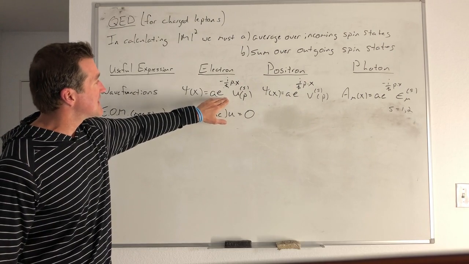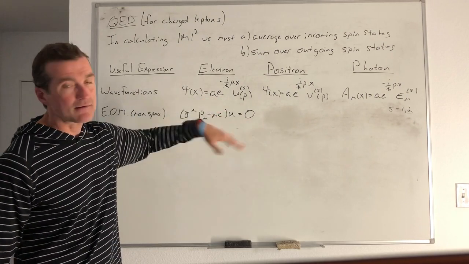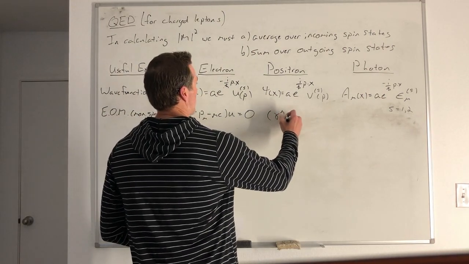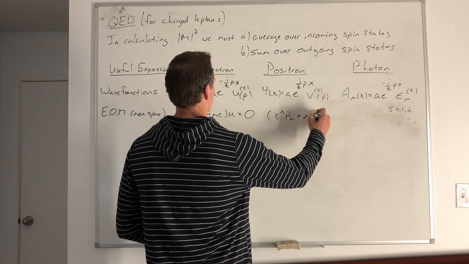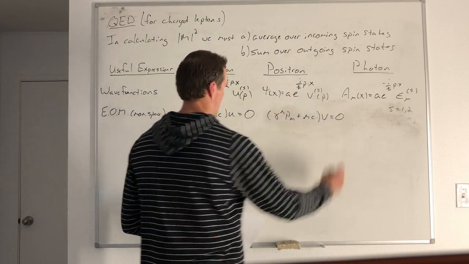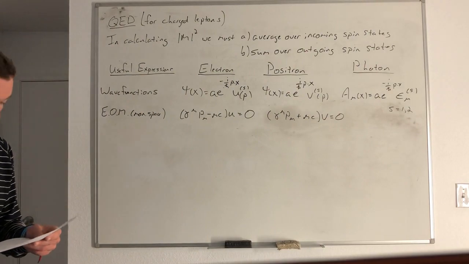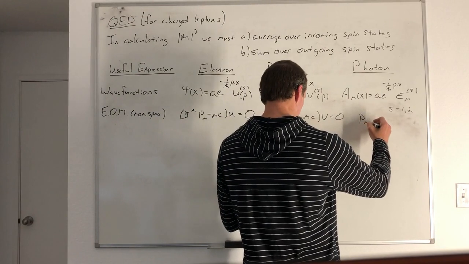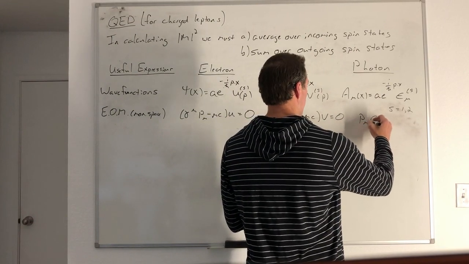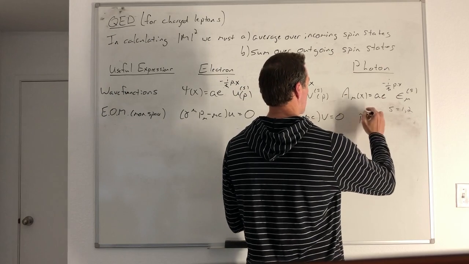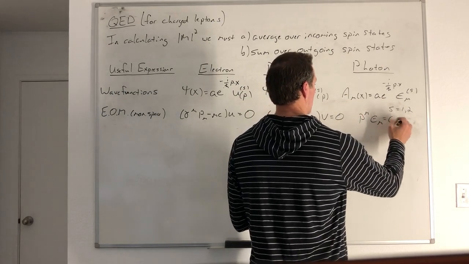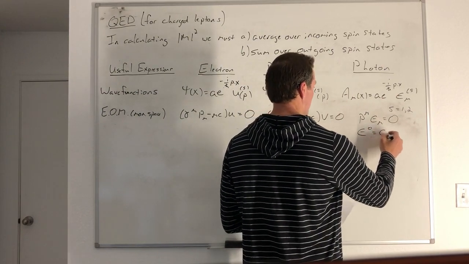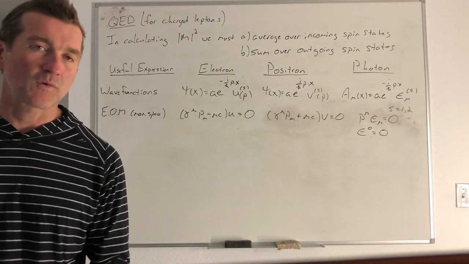So you can pull this thing out of the psi expression, and you can erase it because this thing is equal to 0. And then we have the corresponding conjugate equation for the v's. And then for the photon, we have that p mu epsilon mu equals 0, and we're going to take the gauge condition that epsilon 0 is equal to 0. So a lot of this will make sense when we start applying it.